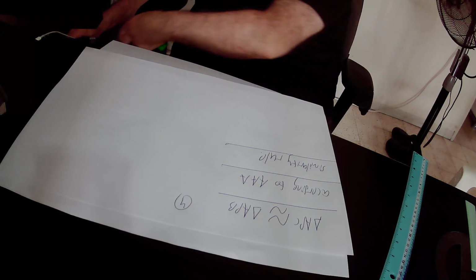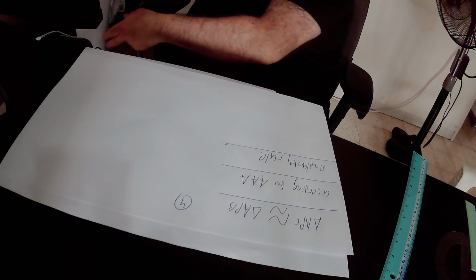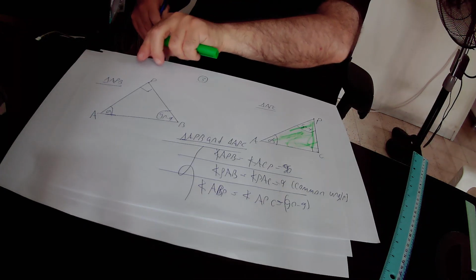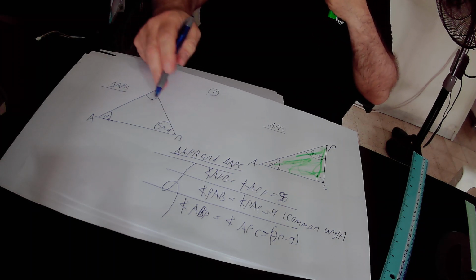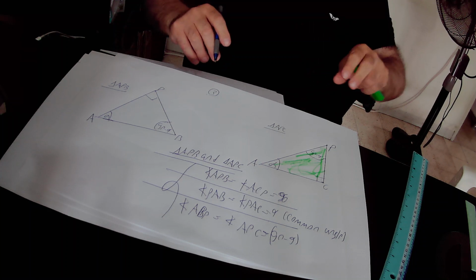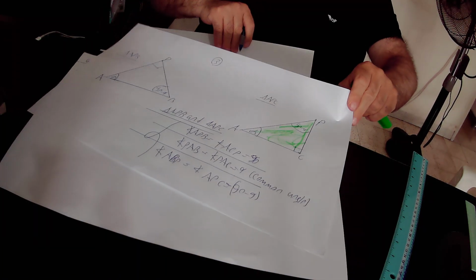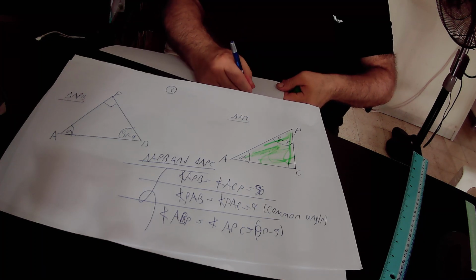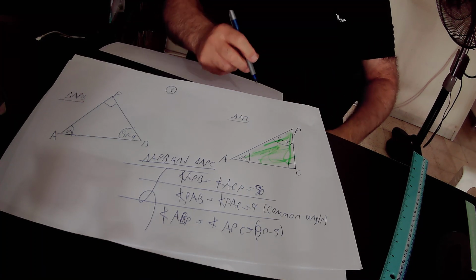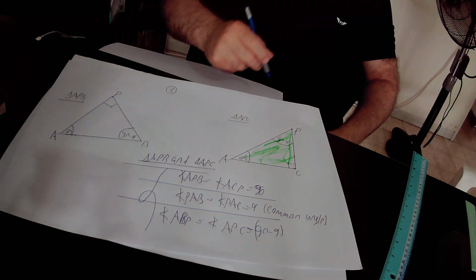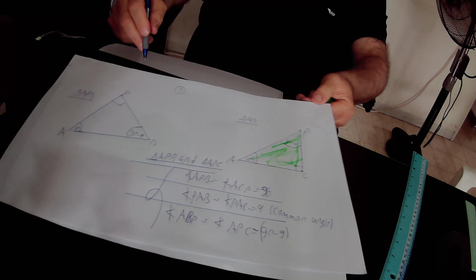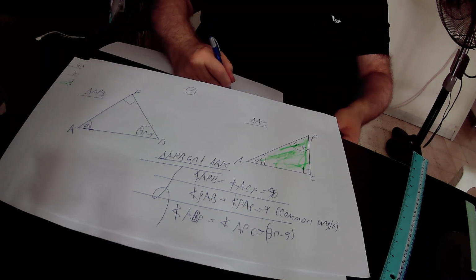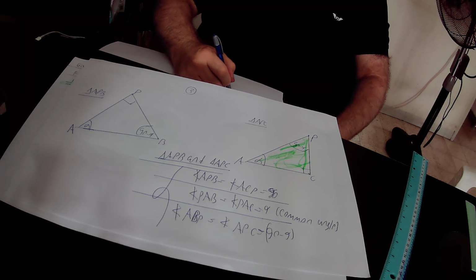We will derive that side AB in the right triangle over side AP in the green triangle equals side AP in the white triangle over side AC in the green triangle.